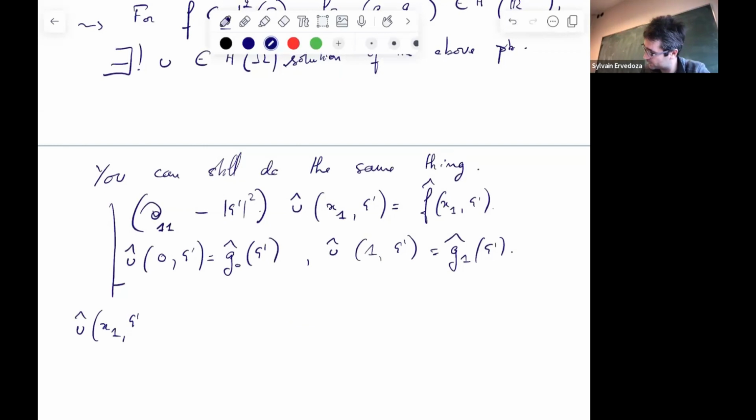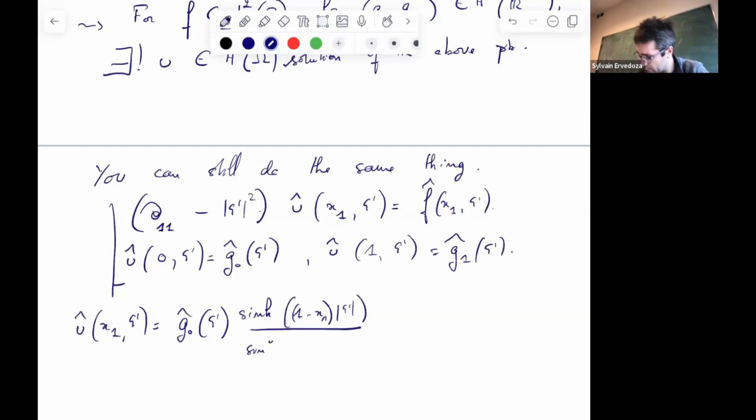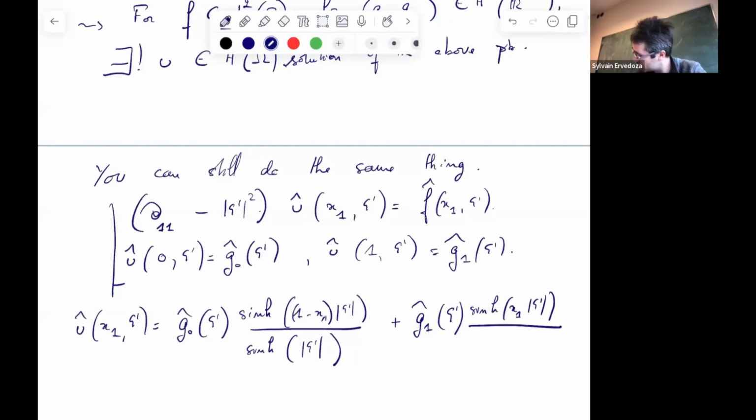Let's say u hat x1 psi prime will be g0 hat of psi prime, hyperbolic sine of 1 minus x1 psi prime divided by the hyperbolic sine of psi prime, plus g1 hat of psi prime. Okay, so again, this is only a computation, right? So it's not very interesting.